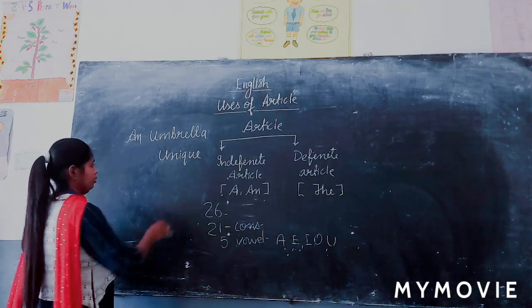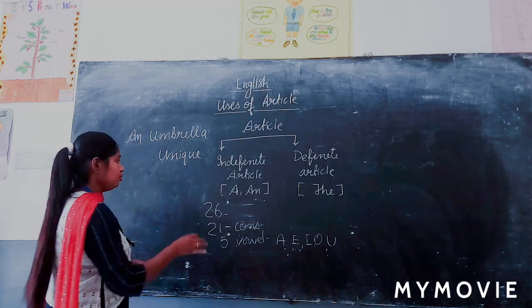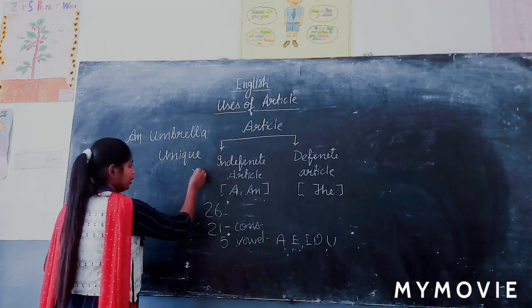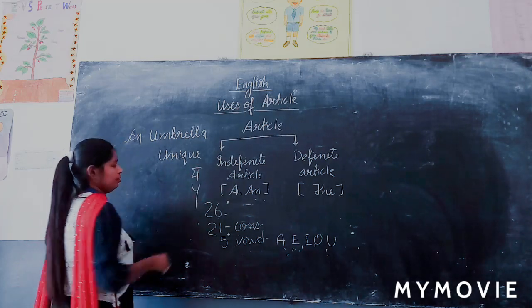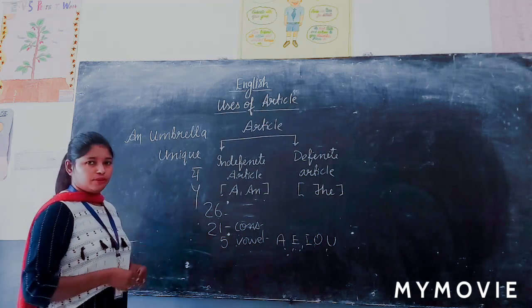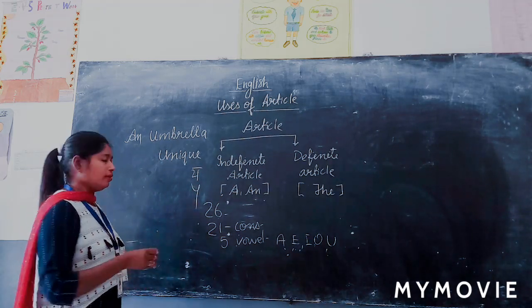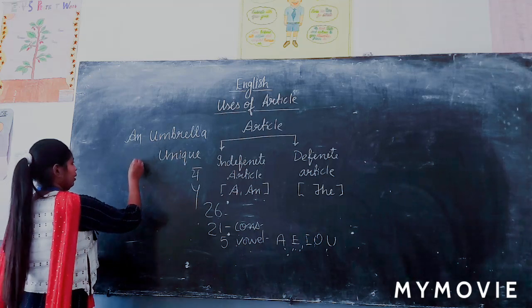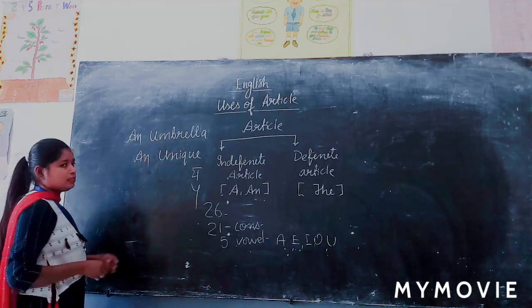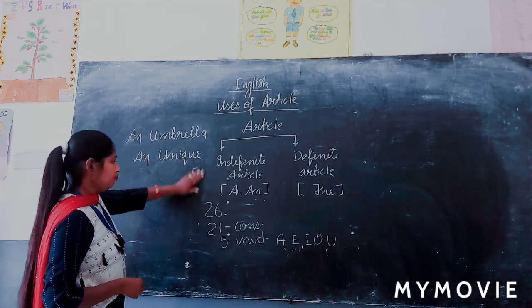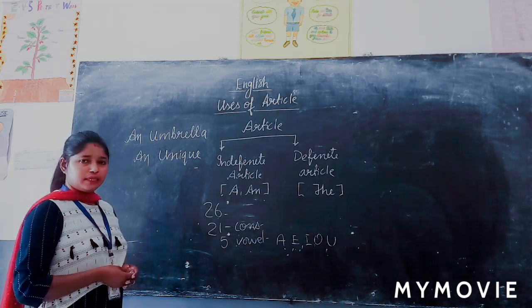Unique starts with the Y sound, and Y is a consonant. That's why here a unique is used. Clear?